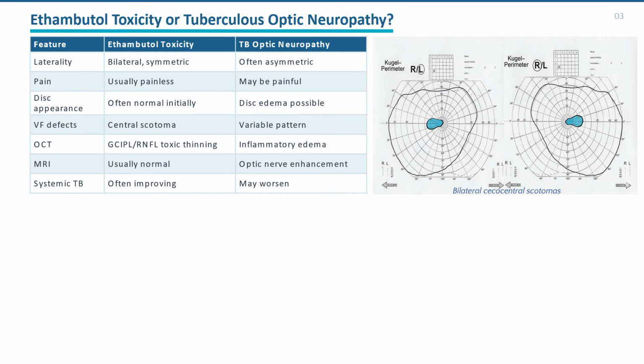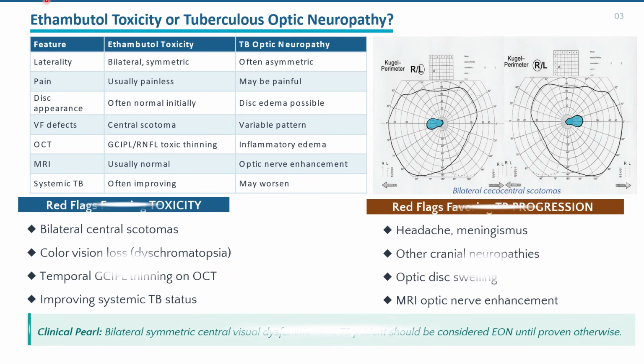Now, one of the important dilemmas that might mislead the doctor in the diagnosis is how you differentiate between optic neuropathy due to tuberculosis itself, due to the natural progression of the disease, and ethambutol toxicity, because the distinction between these two is very important. Why?